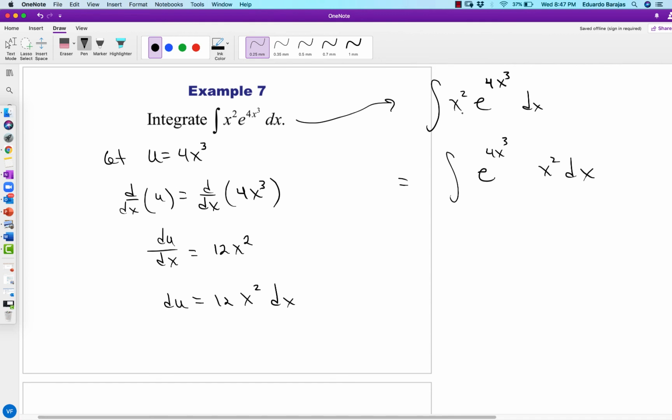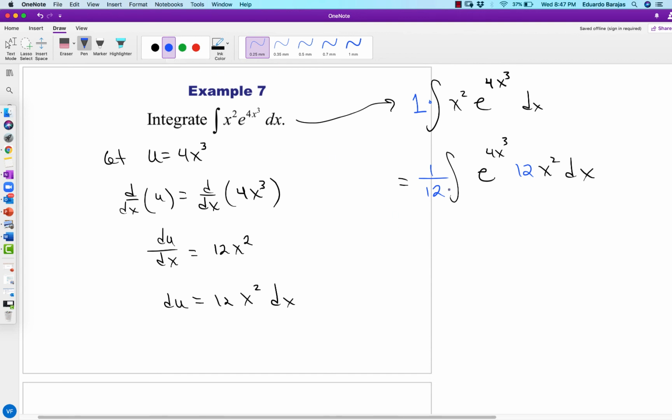All I did is switch these two things around. Everything's being multiplied, and I just made a little space there because I know I'm going to introduce this 12. So I want a 12 right there, and I balance it out with a 1 over 12. 1 over 12 times 12 equals a clever version of 1, and 1 times anything retains the same value.